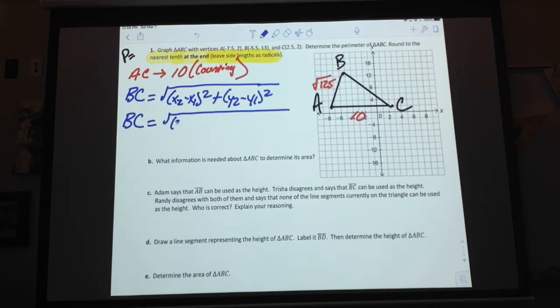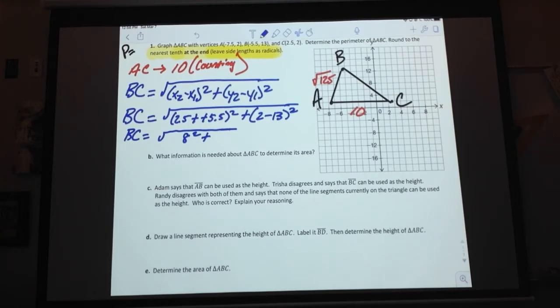So I'm going to go 2.5 minus a negative 5.5 squared plus 2 minus 13 squared. A negative and a negative make a positive. 2.5 plus 5.5 gives me 8 squared plus 2 minus 13, which is a negative 11. So that's negative 11 squared.